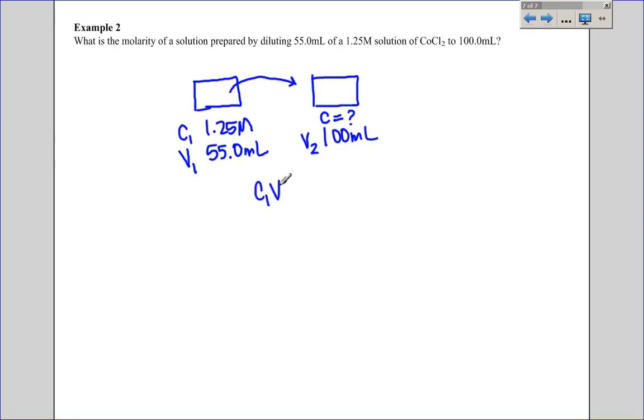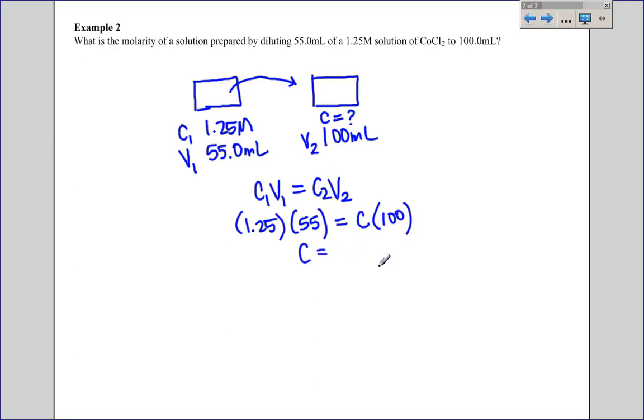So reading the question and deciding what is your initial concentration, what is your final concentration, what's referring to the starting and the final scenarios is the most challenging part. Okay, and it takes practice in order to get really good at it.